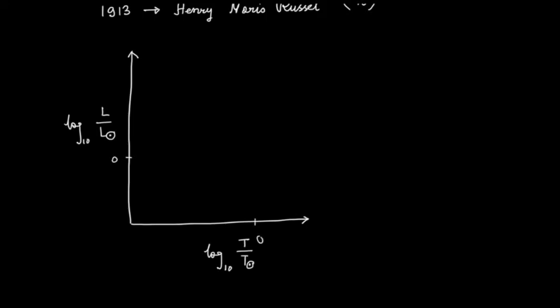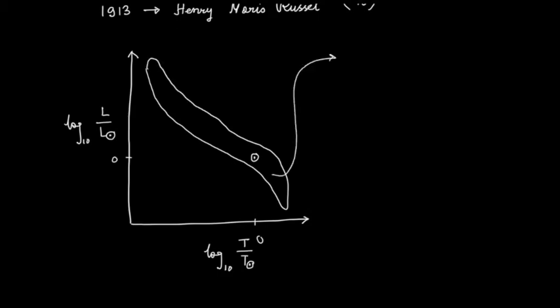If I call it 0 here and 0 here, that will correspond to the sun. So this is my sun. And if you remember, we had this strip where most of the stars lie. Because most of the stars lie here, we call it the main sequence.